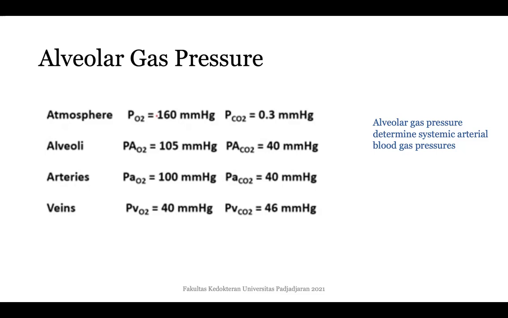Then we look at the pressure of oxygen dissolved in the arterial blood, this is the lowercase a, the arterial. You can see that the pressure in the artery is matching almost exactly the pressure in the alveoli. In the alveoli it's 105 and in the artery it's 100 millimeters of mercury.